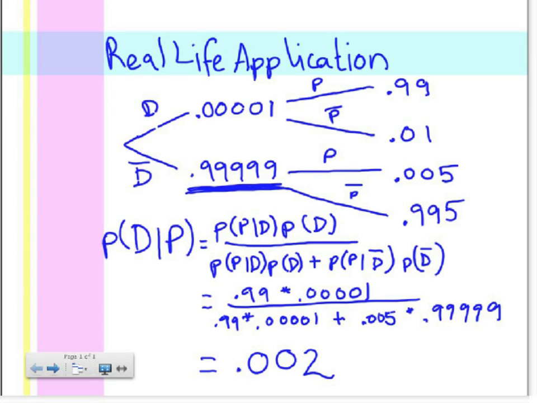So you'll see that most of the time a positive test does not actually indicate that someone has the disease in this case. And that's even with such good statistics for the test. 99% is pretty good. But in the grand scheme of things, when you're dealing with huge numbers, a lot of times the very large non-diseased population will overwhelm the other one. So it's something to keep in mind for future probability questions.